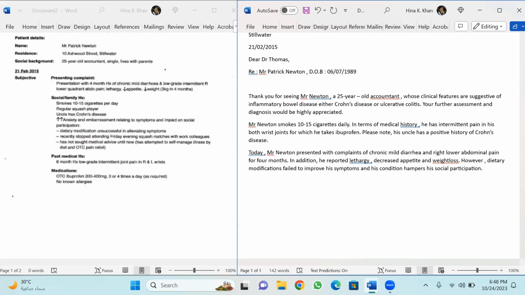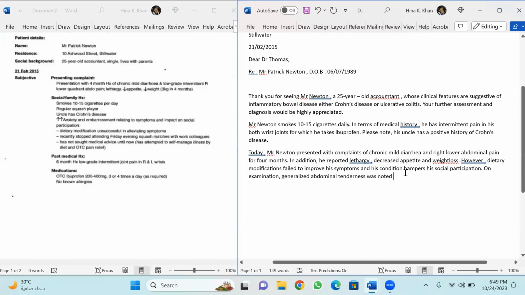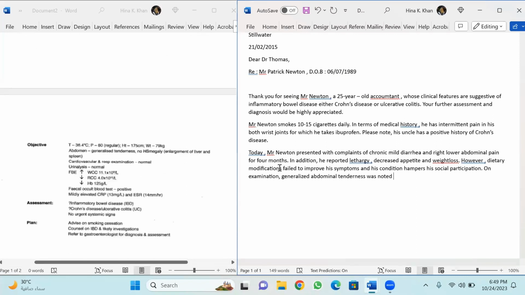Okay, so now I will mention on examination, comma, generalized abdominal tenderness was noted. You can also use appreciated.